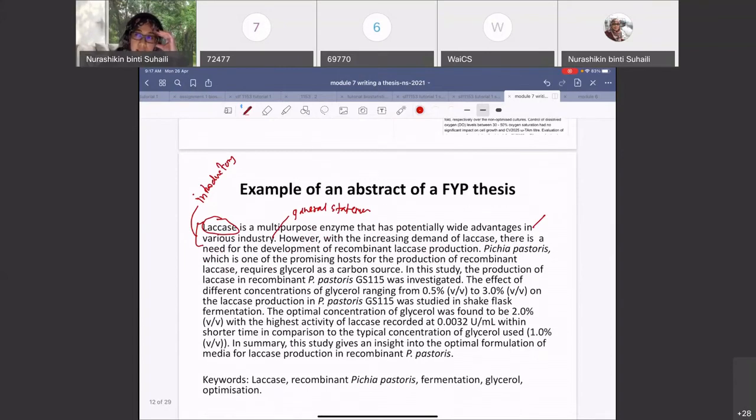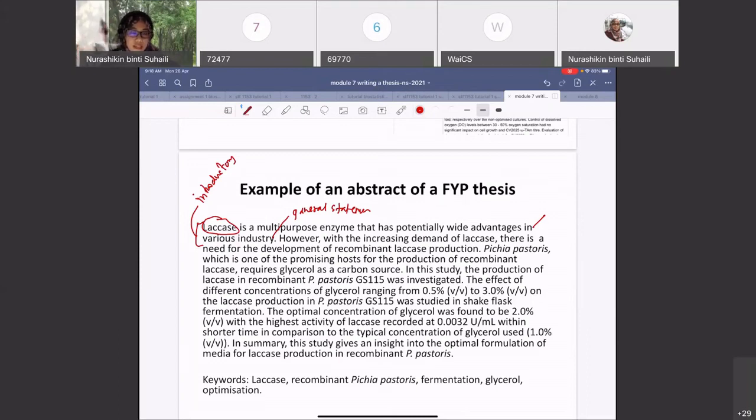For example, in science also, like E. coli is a gram-negative bacterium. You don't actually need to cite it, because it's a general statement, everyone knows about it. For example, if you use the unit centimeter for measuring length, it's understood by everyone. So you don't have to put the source of who mentioned it.